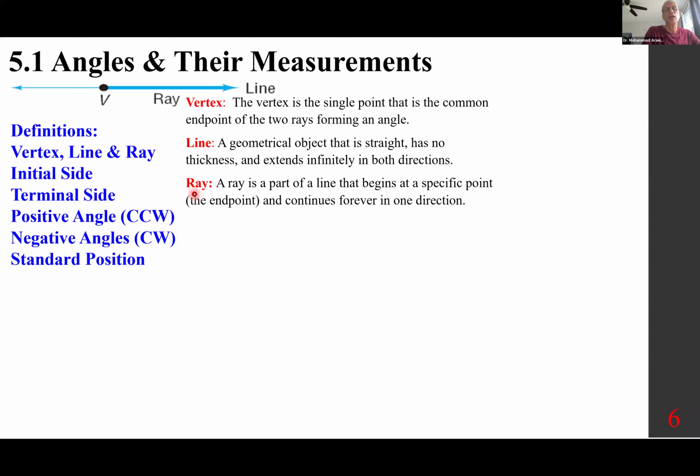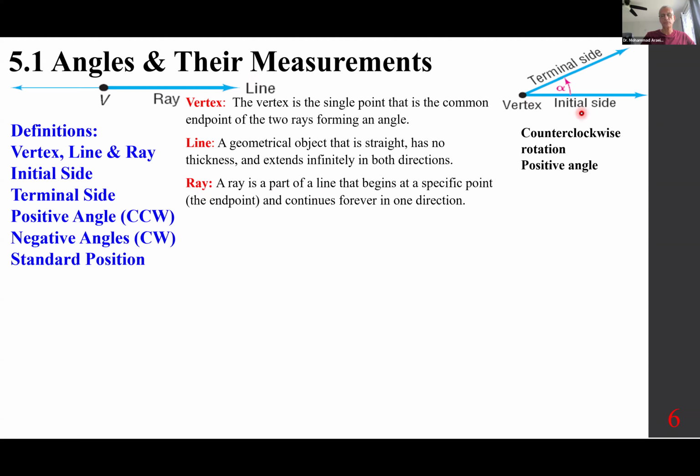Ray. A ray is a part of a line that begins at a specific point, the endpoint, and continues forever in one direction. So what is this? Here's the vertex, here's the initial side, here's the terminal side, and this is counterclockwise, or a positive angle.